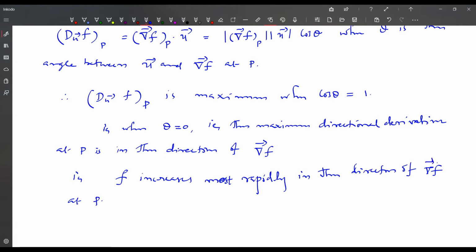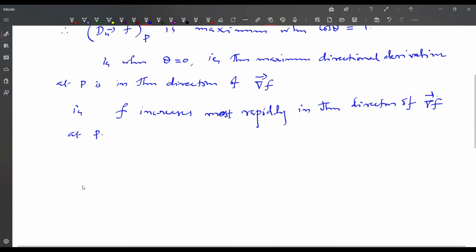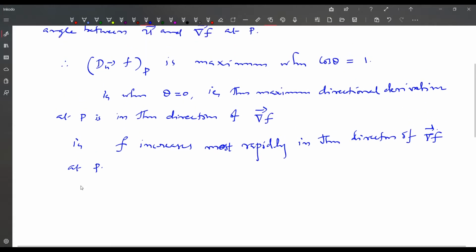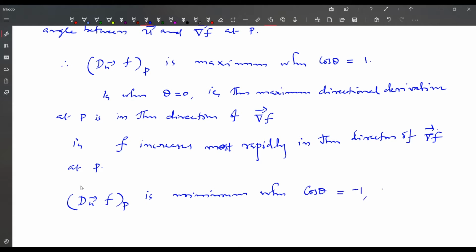Also you can observe that D_u f at p is minimum when cos theta is equal to minus 1. That is, theta is equal to pi.